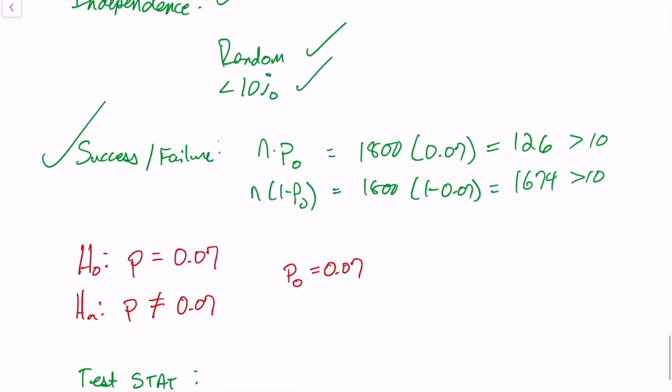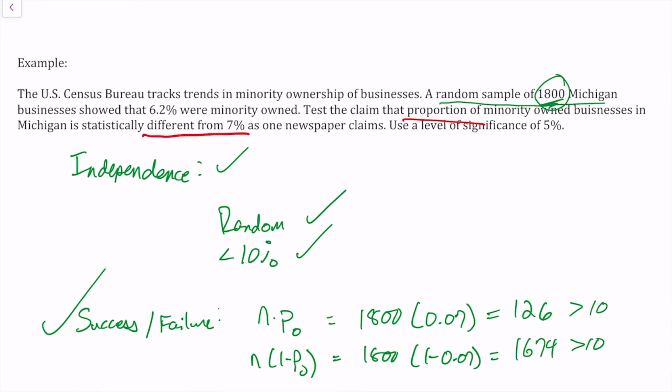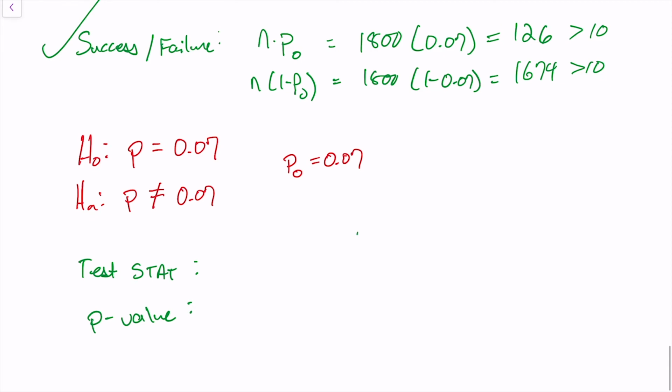So they told us already that the p hat is 6.2%. So let's write that down. p hat is 0.062. That's the sample proportion. Well, to get the x, the number of successes in our sample, x is equal to n times p hat.